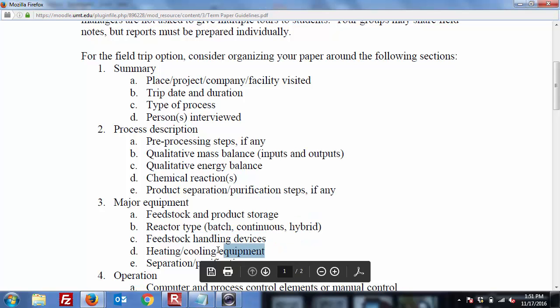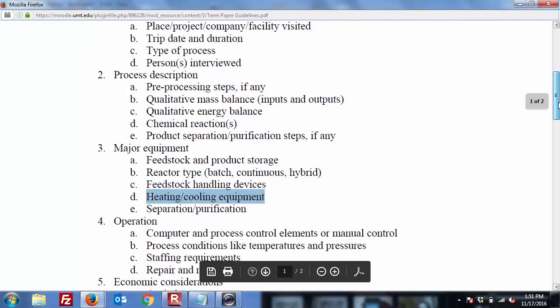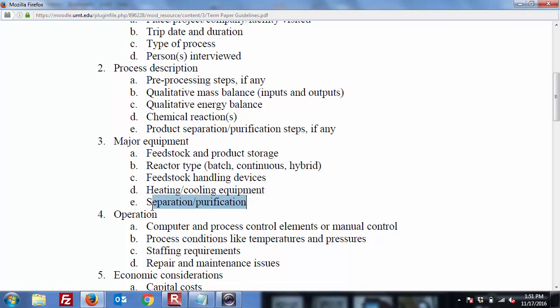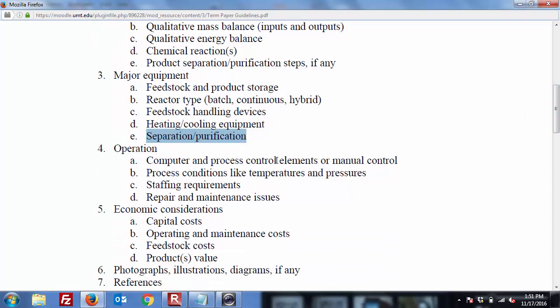Heating and cooling. The vehicle itself obviously has a radiator. In terms of separation and purification, the electrolysis that drives the hydrogen is that process. Computer, we got two.